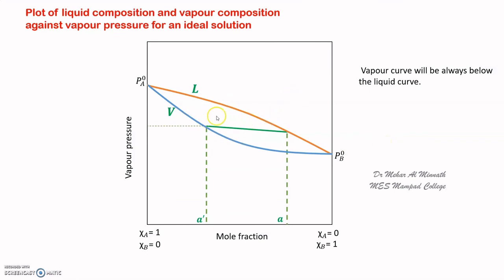And you can see here, at no point does the liquid phase and the vapor phase meet, except at the initial point, that is the pure state, where obviously we will have only one particular component.